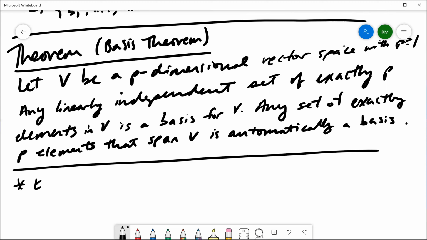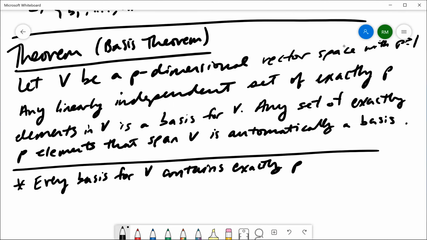We know that every basis for V contains exactly p vectors, because we know that the dimension of V is p. So let's look at the first part. Let's say that we have a set C and it has p vectors.